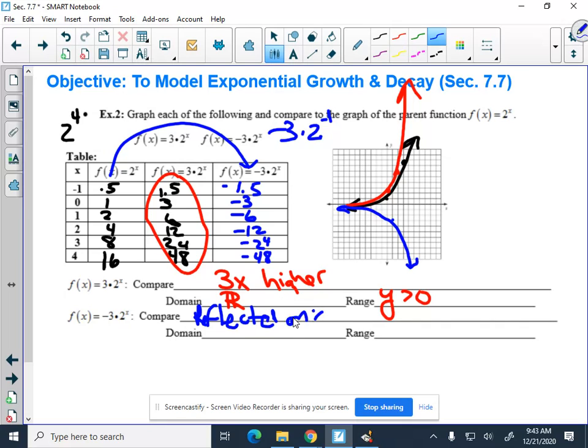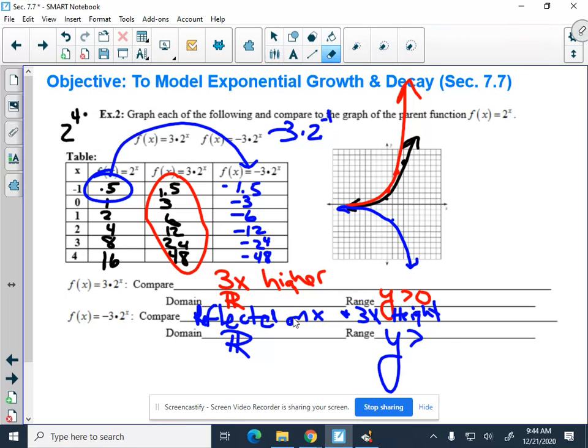Reflected on x and 3 times the height. It's still 3 times as big as the original if we go back here. The domain is still all reals, and the range now is y is not greater, but actually less than 0 because it's below the line.